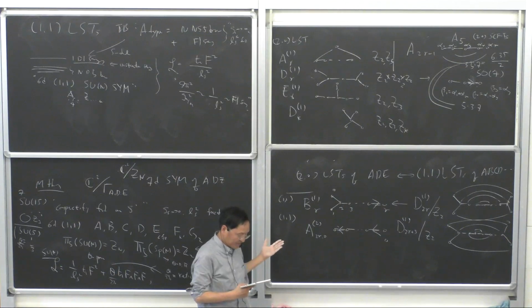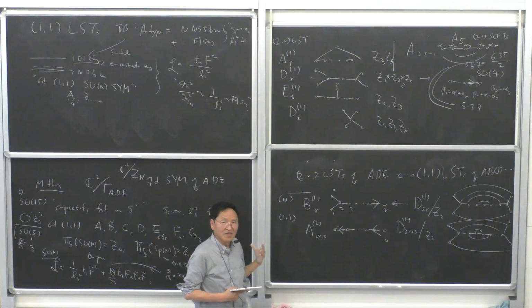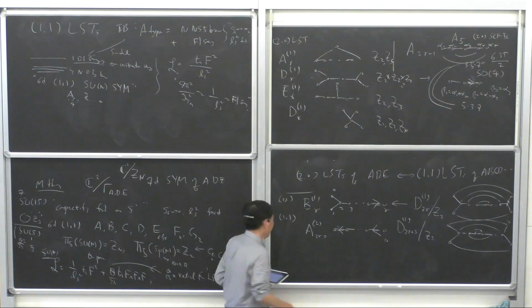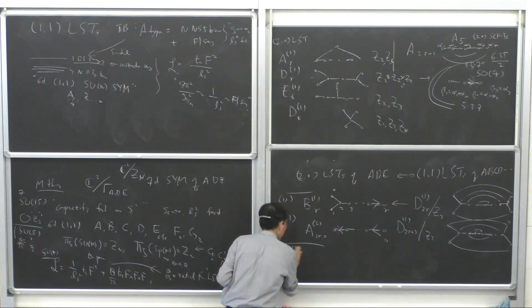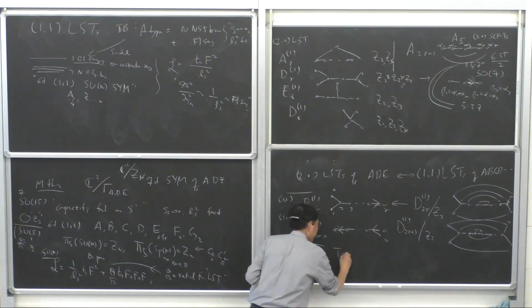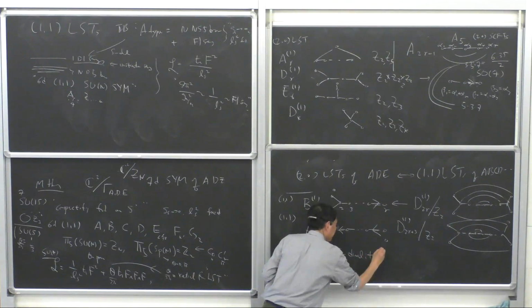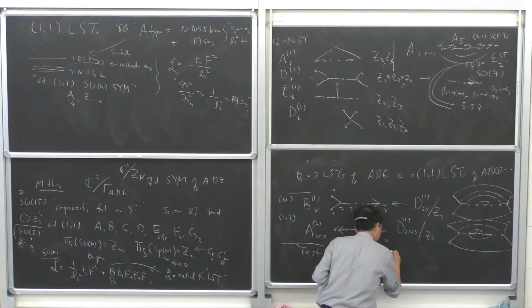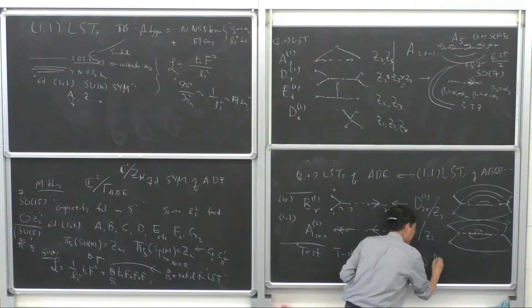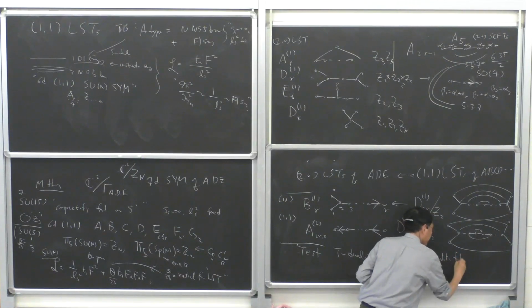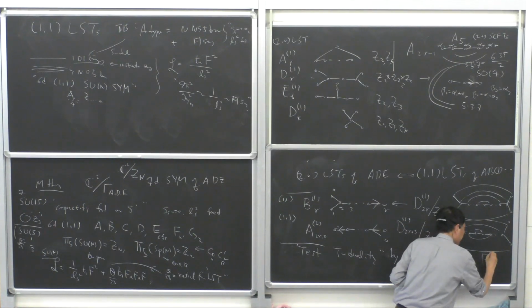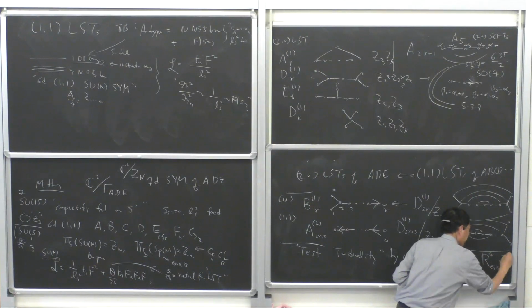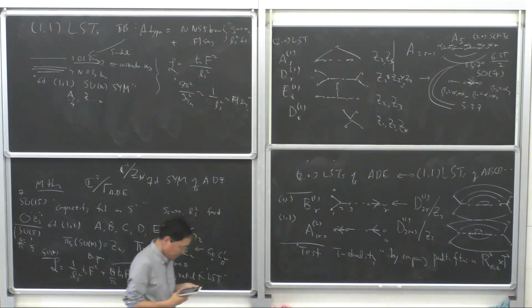So we want to test the T-duality, which means the best and simplest way is counting BPS states. So we calculate the partition function of the theories, and we want to test by comparing the partition functions on T2 with omega deformation.